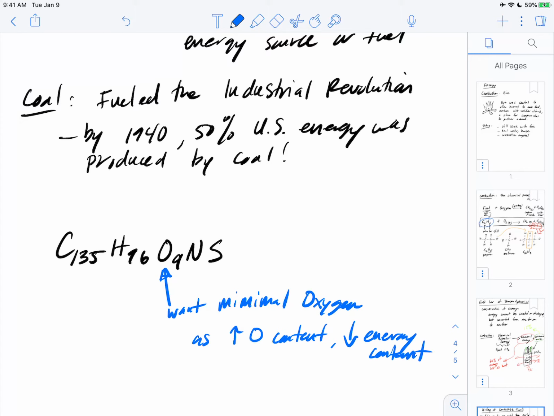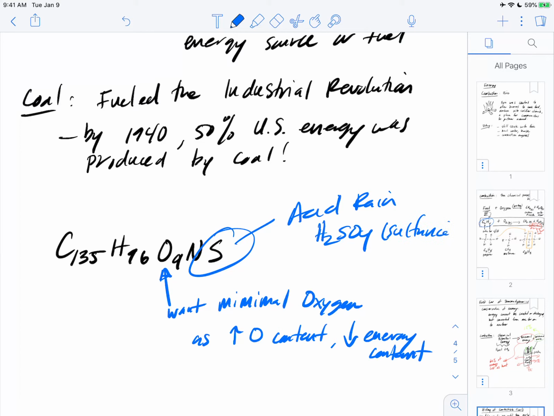And you'll also notice we have a couple other compounds, specifically sulfur. You might have heard something called acid rain. And this comes from H2SO4, which is sulfuric acid. There's no E there. Sulfur can make a couple different types of acids.